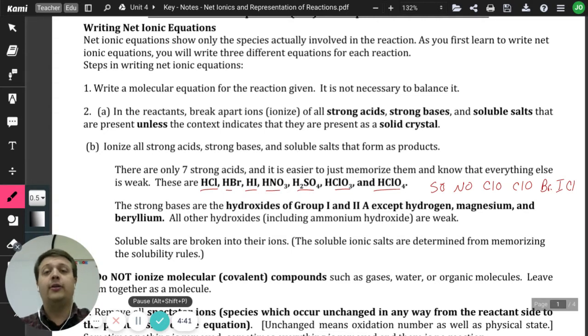So how I remember this is strong bases are hydroxides paired up with group 1, except for the first one, and group 2, except for the first 2. So group 1 would be everything except for hydrogen, and group 2 would be everything except for beryllium and magnesium. So you are going to need to know what your strong bases, your strong acids, and your soluble salts are.